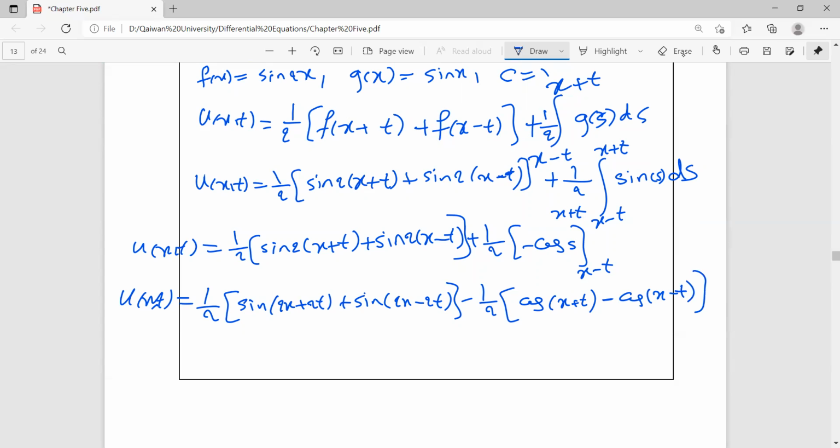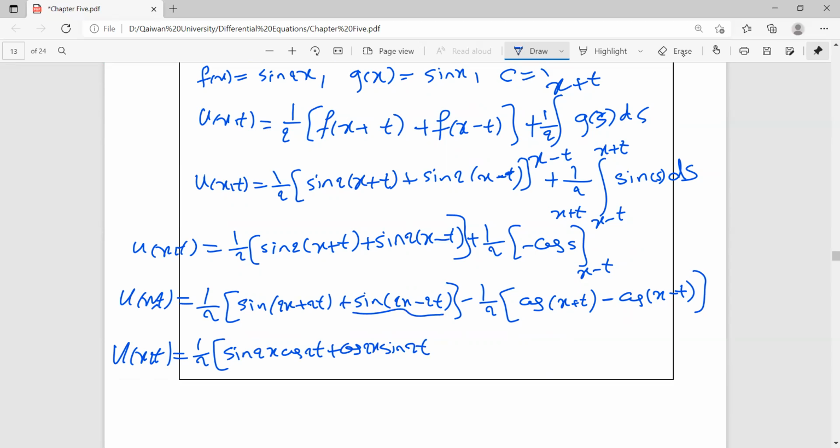Now we are going to expand these cosines of the sum and the difference of those functions. Here we say a half. For the sine, we say sine of the first one, cosine of the first one: sine of 2x plus 2t is sine 2x cosine 2t plus cosine 2x sine 2t.